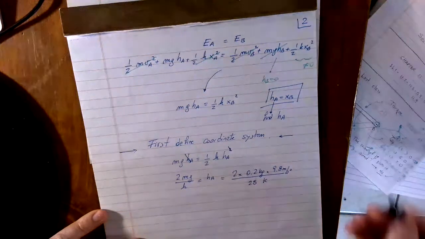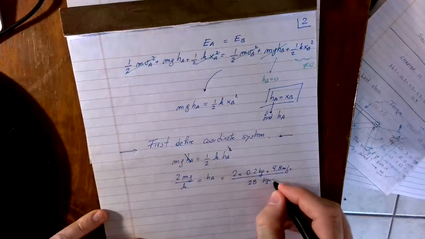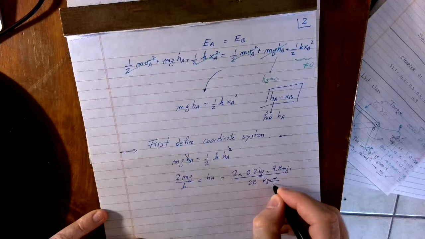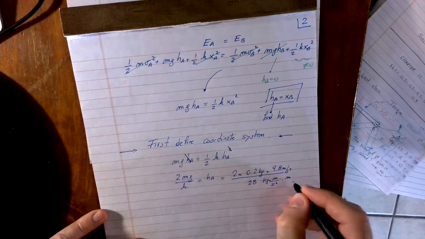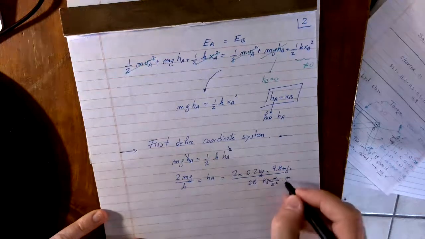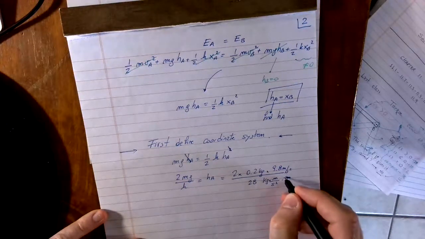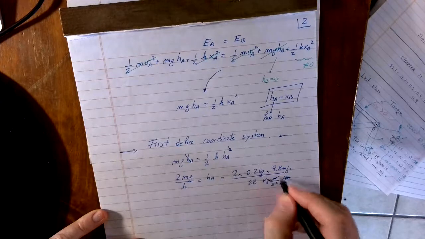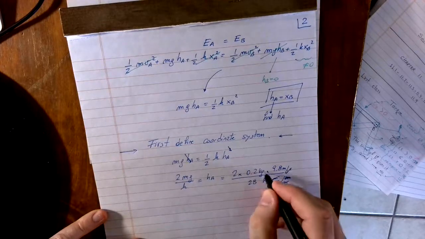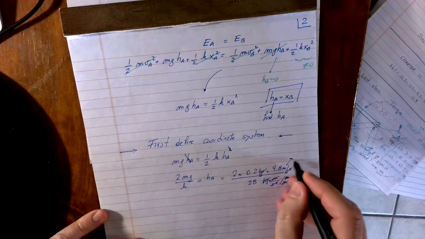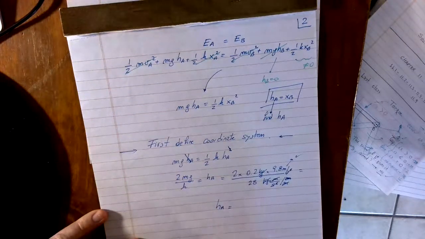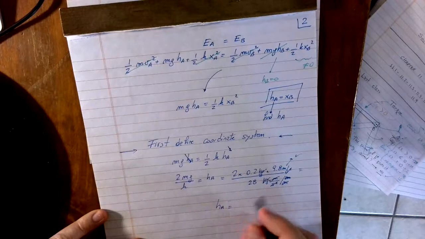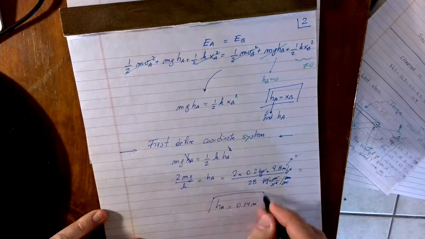This is actually newtons per meter, but a newton is kilograms meter divided by second squared, and then here you have over meter. So the kilograms cancel, and you see that you have everything in meters. So HA equals 2.14 meters, and that's your answer.